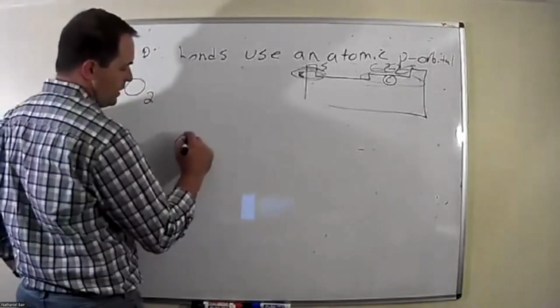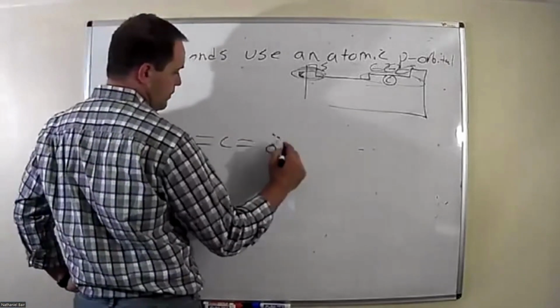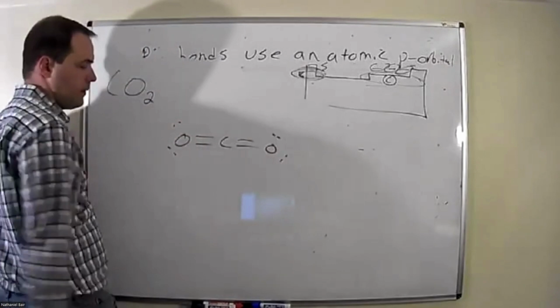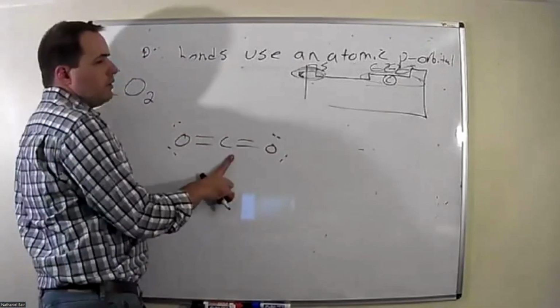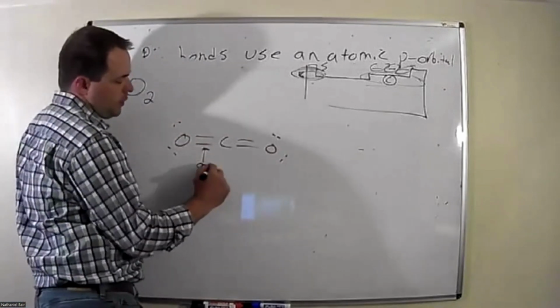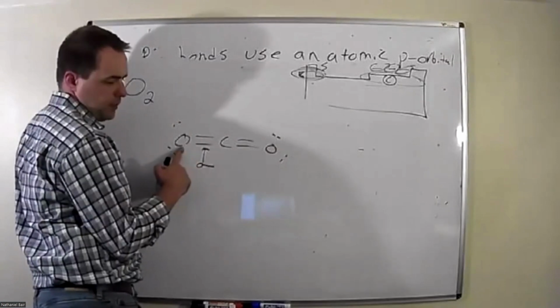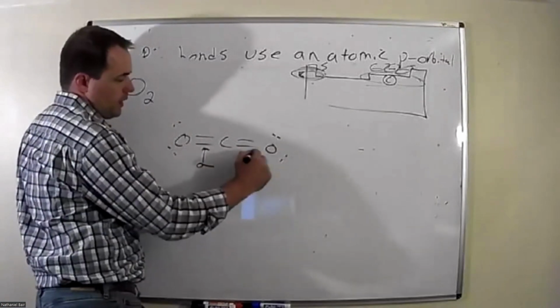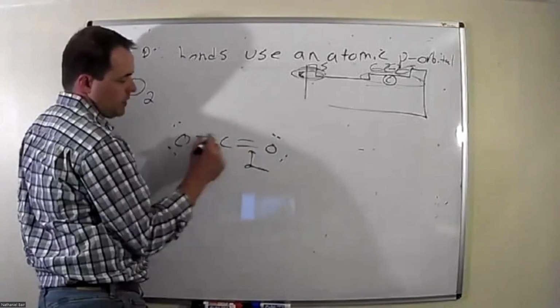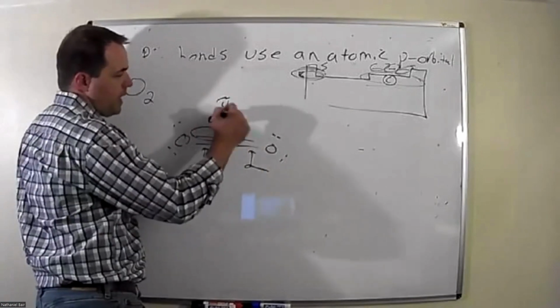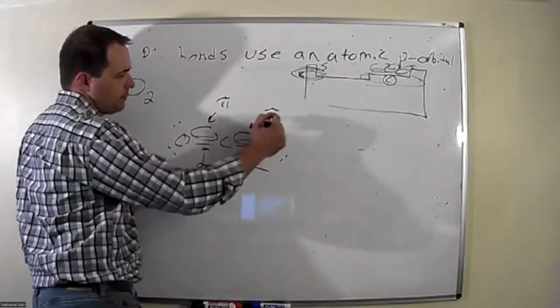That should be fresh in your minds. This carbon has got a sigma bond here. First bond between two atoms is always sigma. It's got a sigma bond here. But that's a pi, and that's a pi.